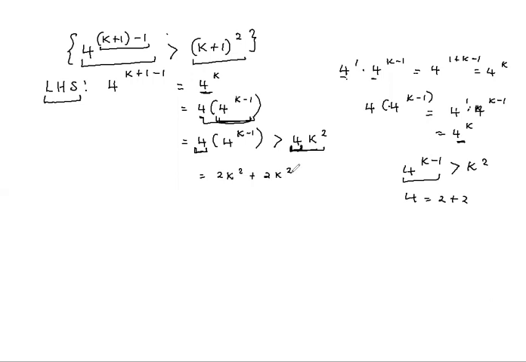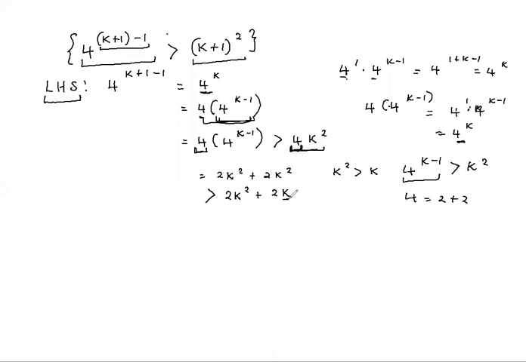Then 2k squared is going to be greater than 2k. Is that true? It must be true that k squared is greater than k. That's what we have used here. So instead of writing k squared, we have just written k. So this has become smaller than the previous one.